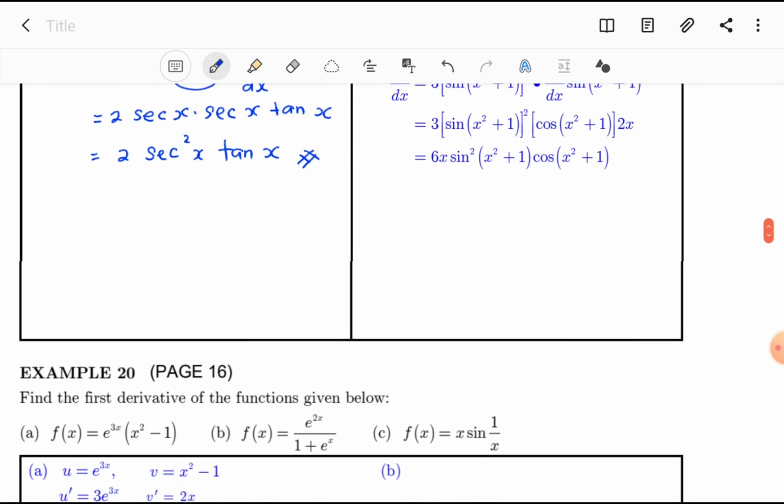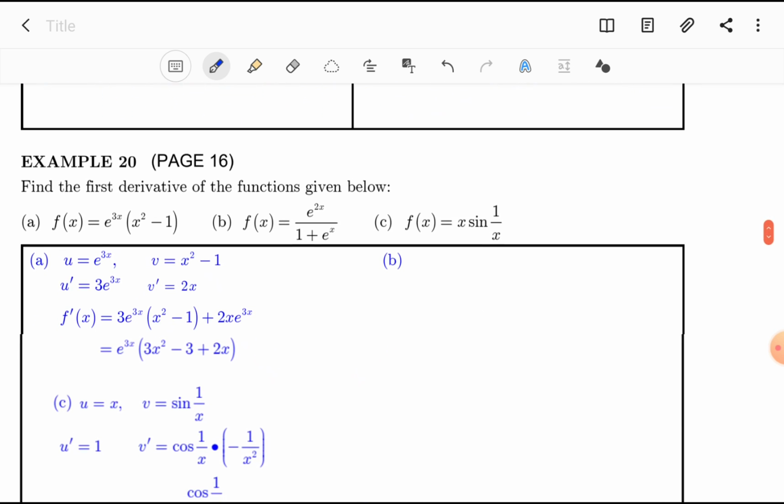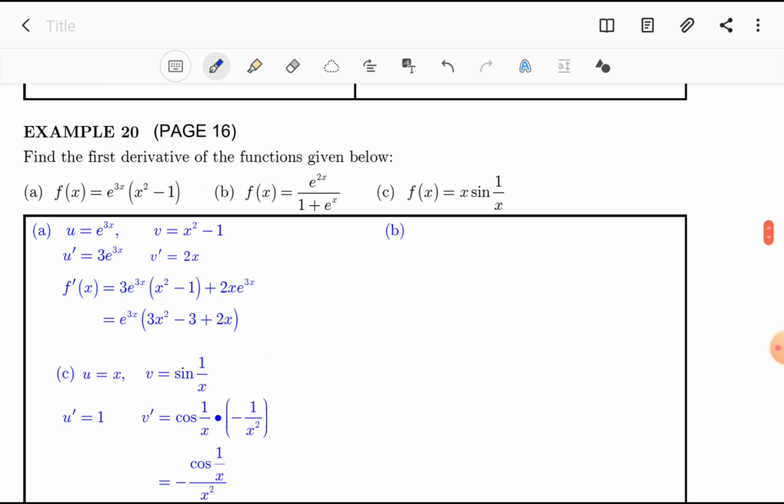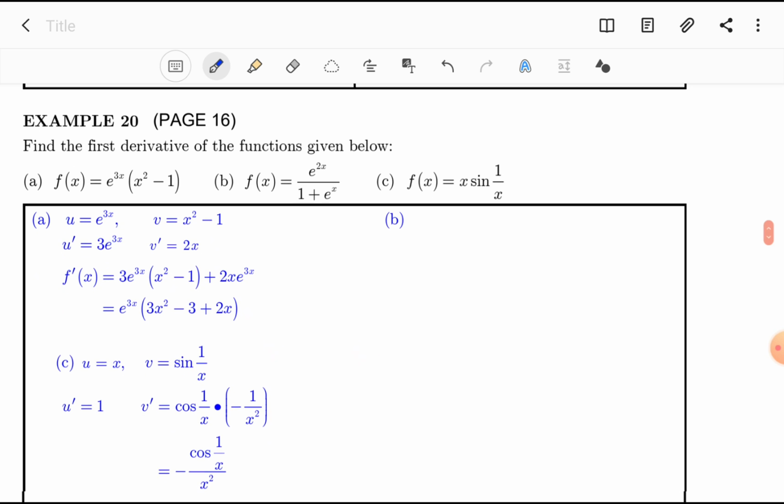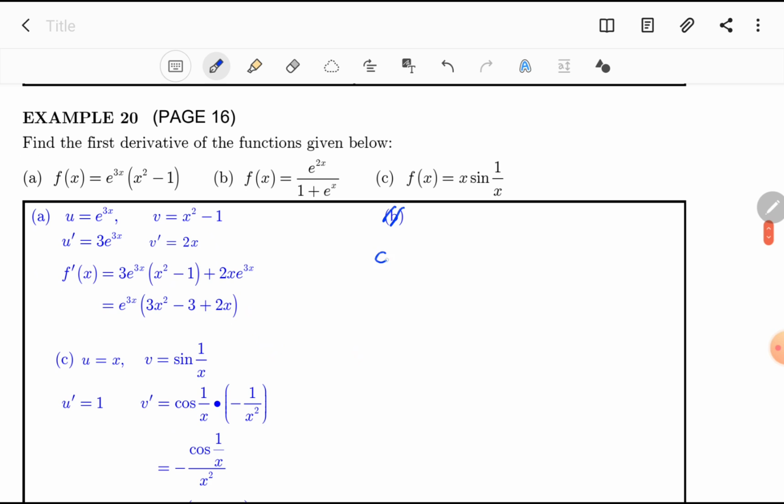Next, example 20 on page 16. We go to part C. So for part C, we have x, a linear function, times sine 1 over x, a Trigo function, and in multiplication form, meaning that we need to use product rule.